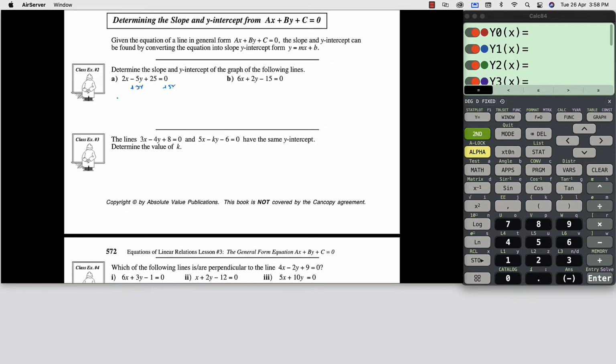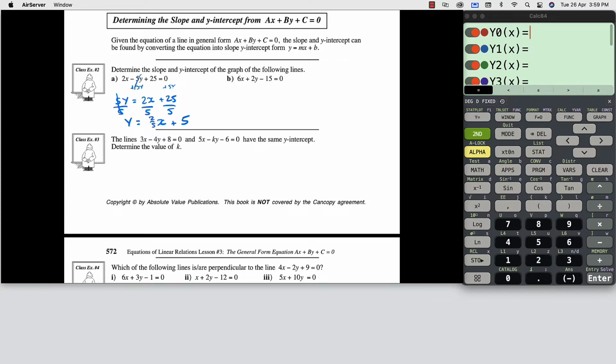And essentially what I've got now is 5y equals 2x plus 25. Okay, now remember we want the y to be equal to 1, so I'm going to divide everything by 5. That cancels, and now I have the value of y equals 2 over 5x plus 5.